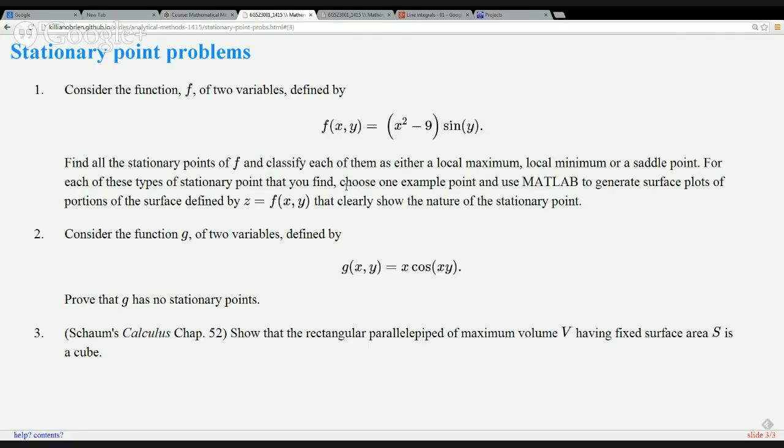Because we then have V as a function of 2 variables. You see, fixing the surface area imposes a relationship on the 3 variables. They can't all vary independently of one another. If x and y are given, then z has to be determined by the values of x and y in order to give you that fixed surface area. So that would be one way to proceed.